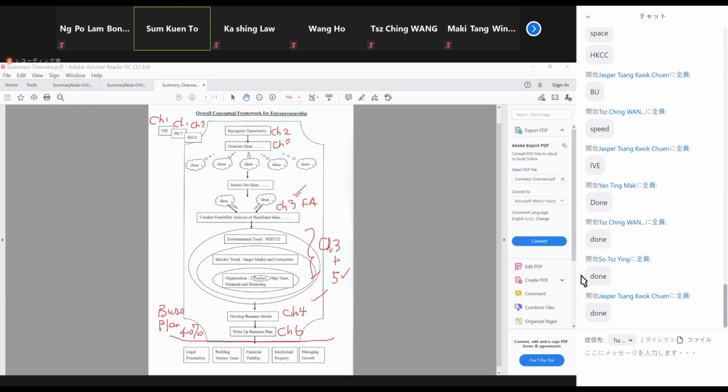In order to write a business plan, you need to incorporate the concepts you have learned in particular chapters 3, 4, and 5. At the end of this class or early next class, I will show you the expectations and requirements that you need to complete almost half, 40%, of the business plan.